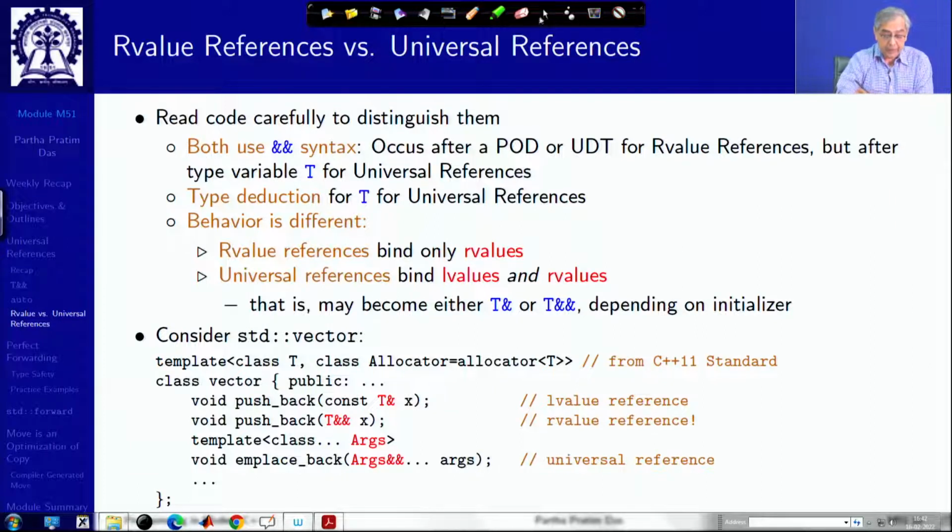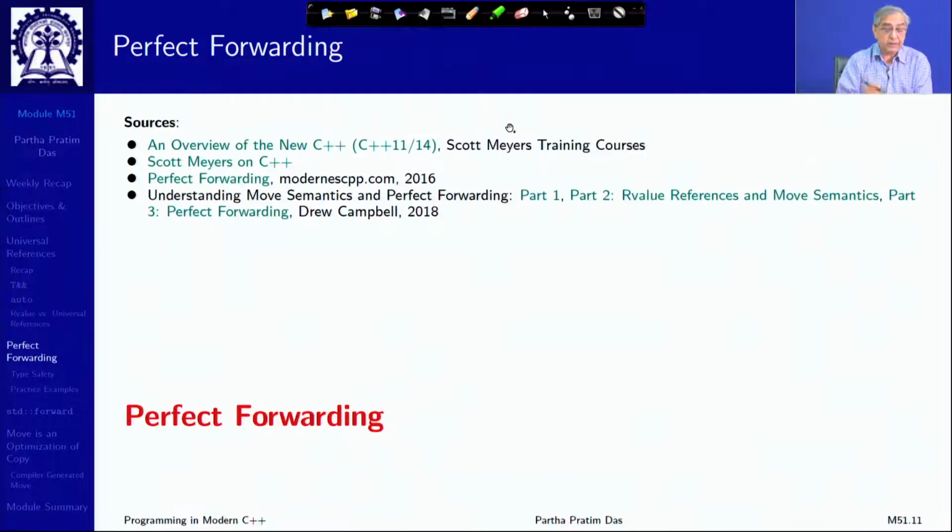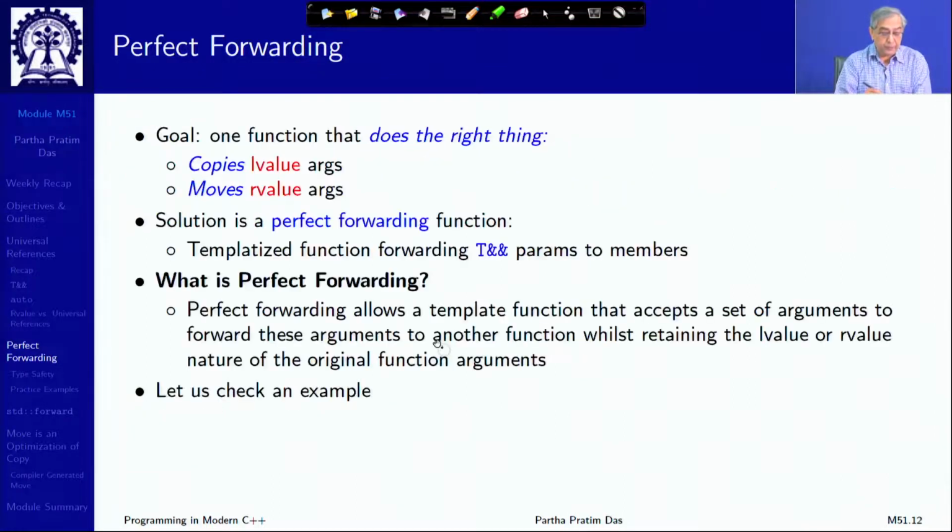Okay. So, with this knowledge, let us move on to the next big problem that R value reference solves. The first problem that it solved is that of move semantics, and we have learnt about it pretty well. The next problem is called the perfect forwarding problem.